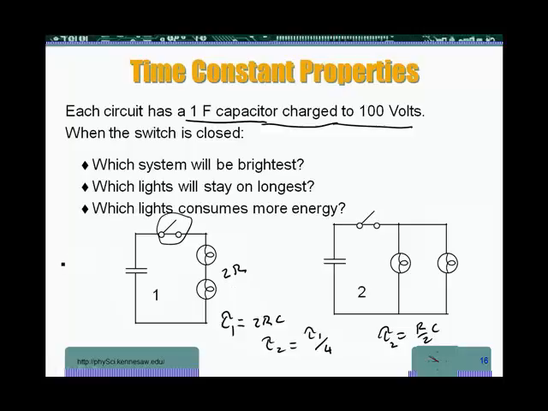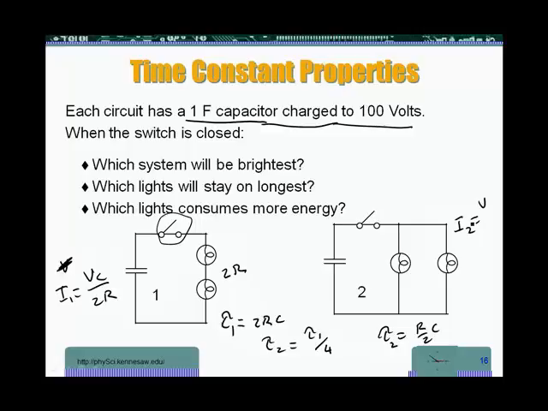So the maximum current, in this case, let's call it I1, is going to be VC, the 100 volts when it is fully charged, over twice R. In this case, the maximum current, let's call it I2, it's going to be VC.